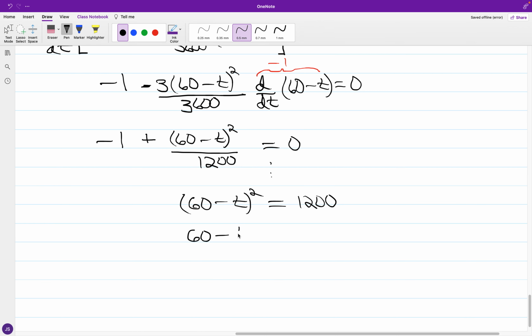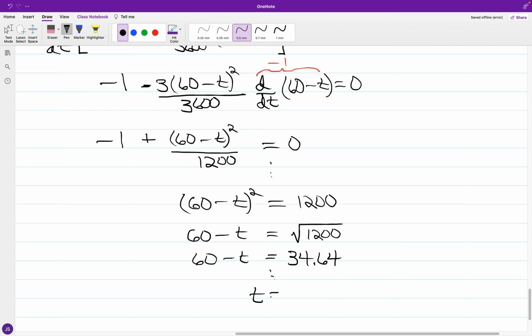If I use the square root property of equality, I have 60 minus t is equal to the square root of 1200, which would be about 34.64. And if 60 minus t is equal to 34.64, then t is going to be 25.36 seconds.